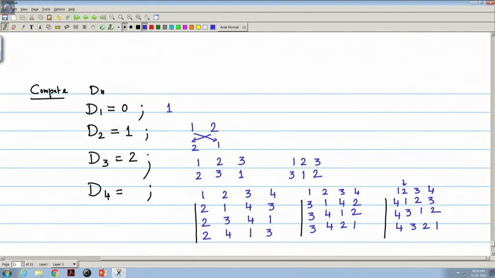So, I get 9 in total, 3 here, 3 here, 3 here. So, my D4 is 9. This is actually how we can get the derangements.